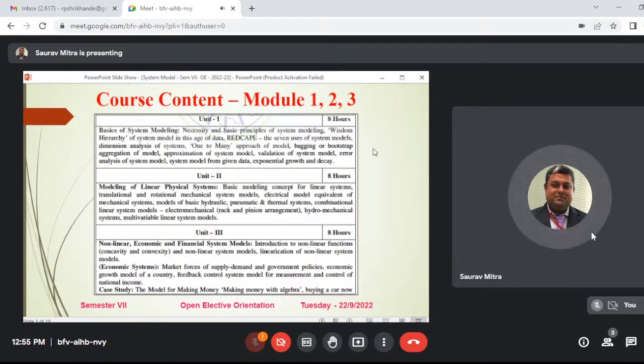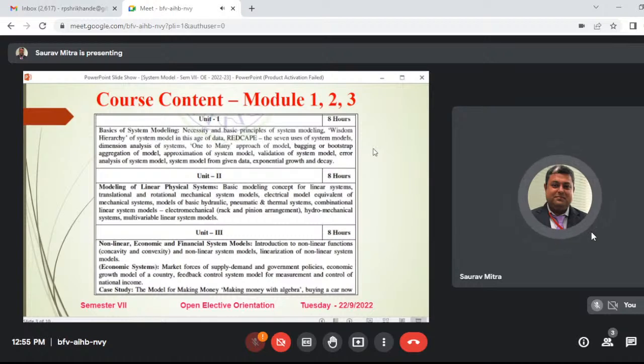So it is not about solving numericals. There will be no numericals in this course, but using equations, how can you define a process? So system modeling is the engineering way of defining any system.